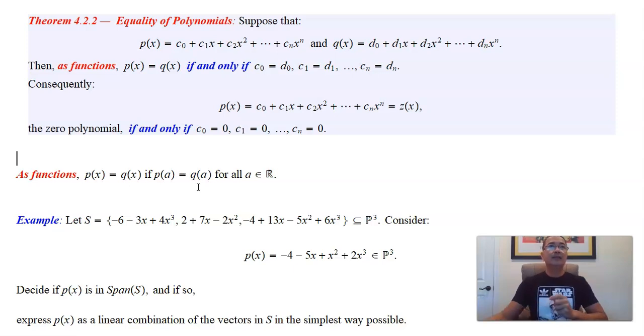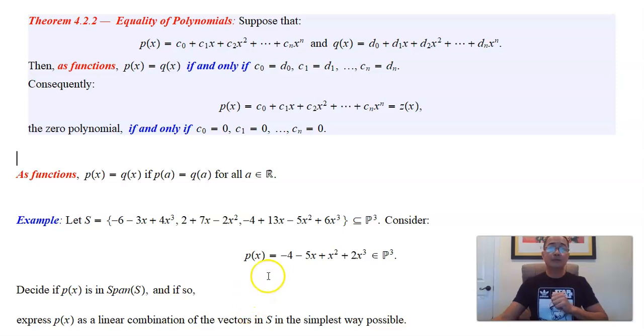So let's use this theorem in order to decide if this polynomial, P of x, is a member of the span of this set of vectors. That's x cubed, x squared, x cubed. So the highest power is 3. All of those polynomials are in P3, and this is also in P3.